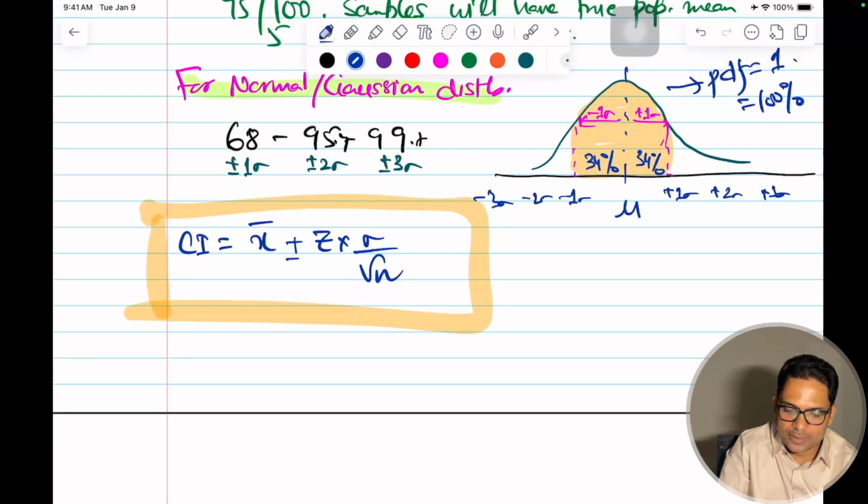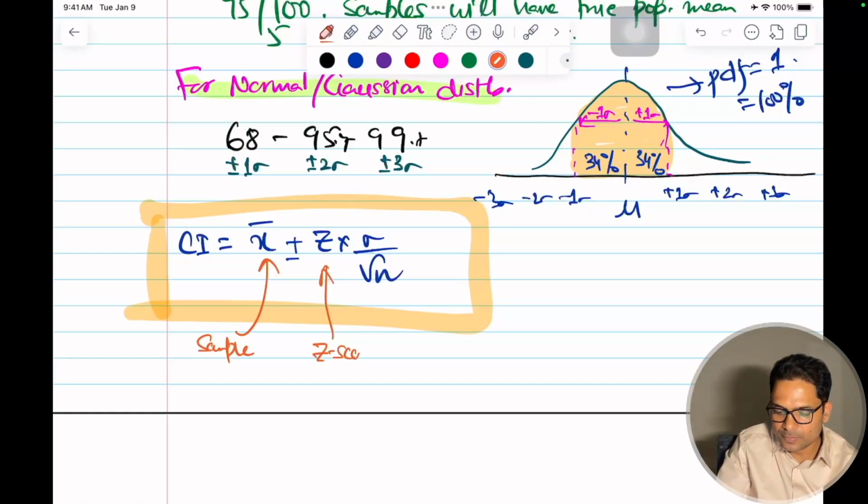What is Z? This is your sample mean. This is the confidence interval. Z is your Z score corresponding to whatever confidence interval, the corresponding CI.